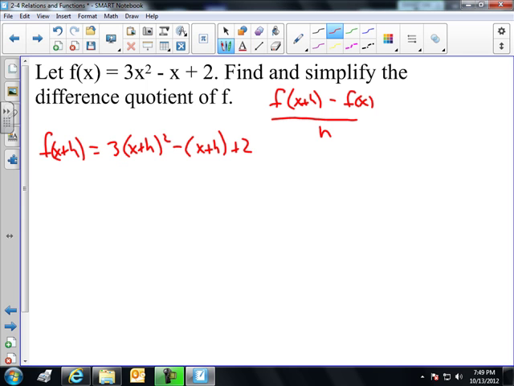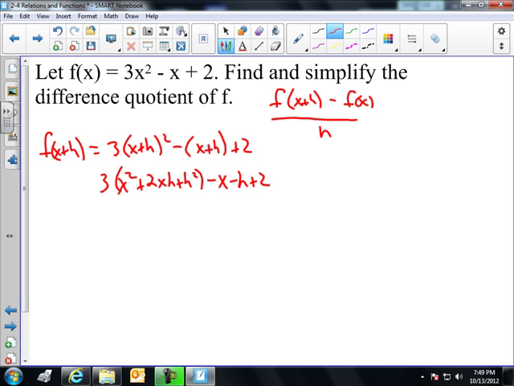And as we do this, if we FOIL this x plus h, right, 3 stays here, that would give us x squared plus 2xh plus h squared, minus this quantity of x plus h, so minus x minus h plus 2.